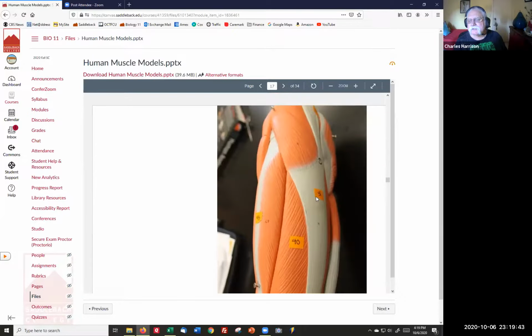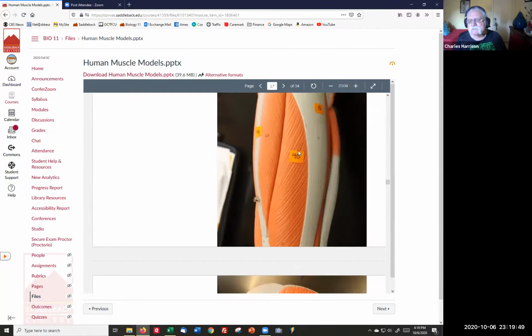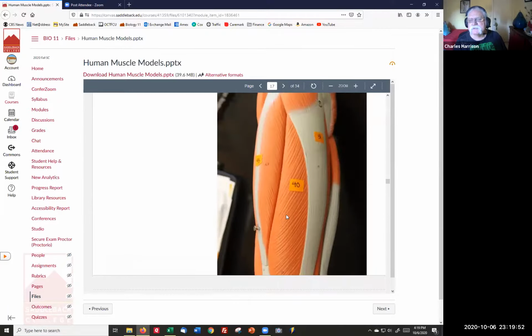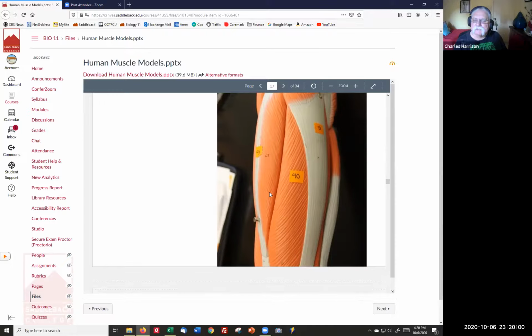Here was our IT band again. It covers the vastus lateralis. Here is the rectus femoris again, coming down to the knee.